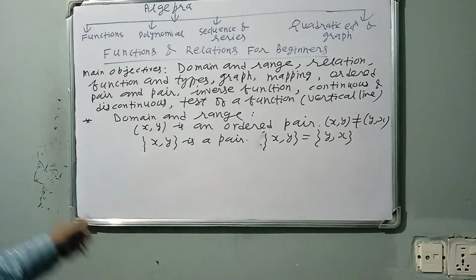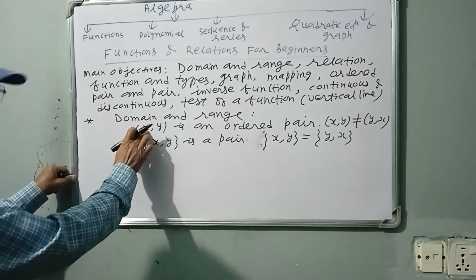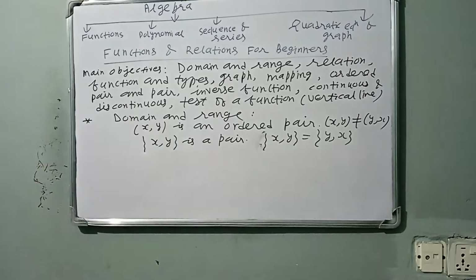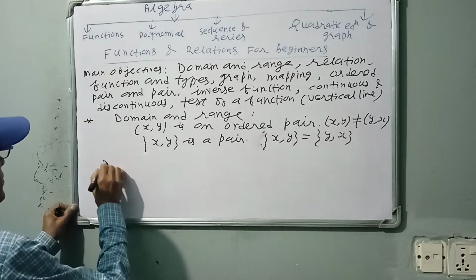Domain and range. The first element is called the domain and the second element is called the range.